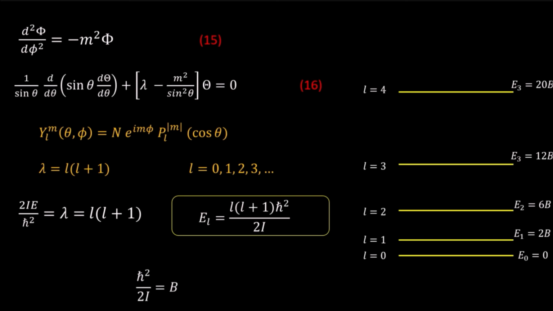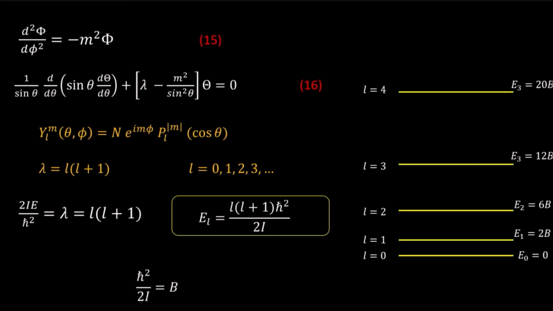Since there are 2L+1 possible values for M for a given L value, each state is (2L+1)-fold degenerate. That is, there are 2L+1 states with the same energy value.